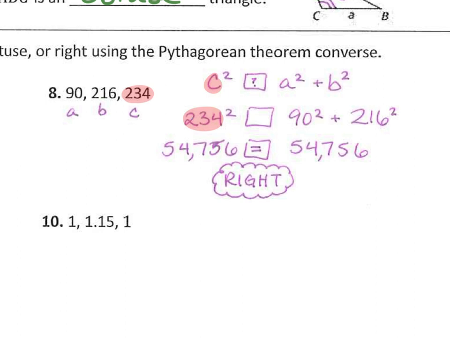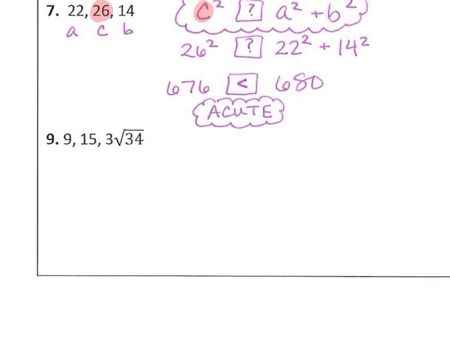Yes, no, maybe so? Let's try one. All right, we're looking at 11. First thing I did was decide which one was biggest, smallest, and medium. Right now, can you tell me which one's biggest, smallest, or medium? How can we be sure what 3 square root of 34 is?